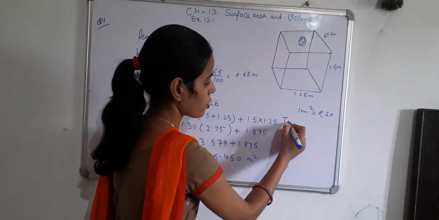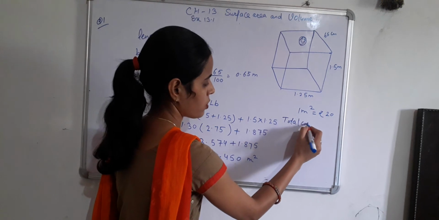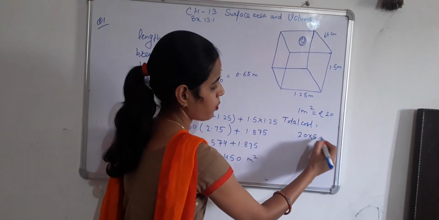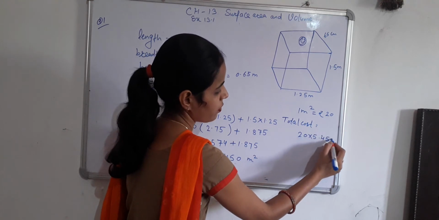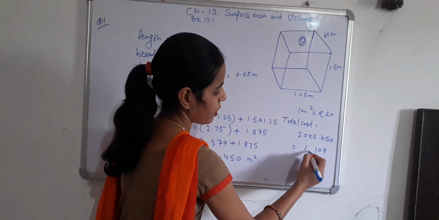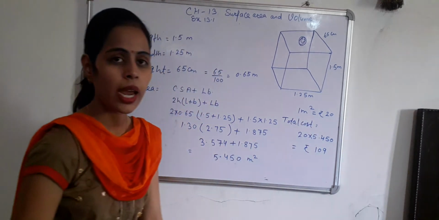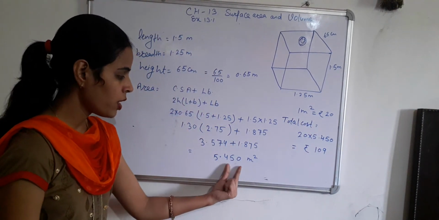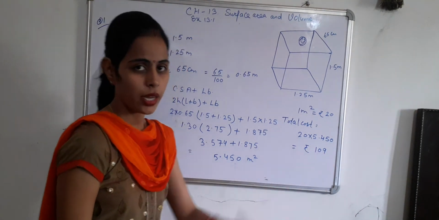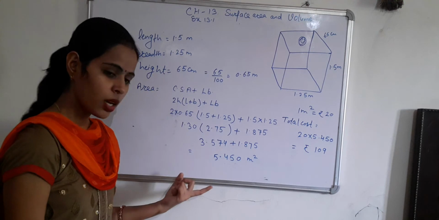Then total cost equals to 20 into 5.450. This will be equals to 109. So the total cost of the area 5.450 meter square will be rupees 109.